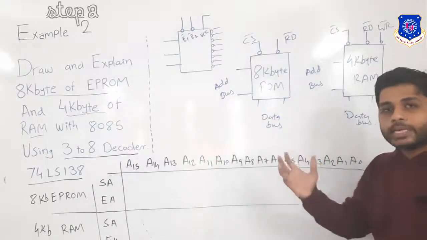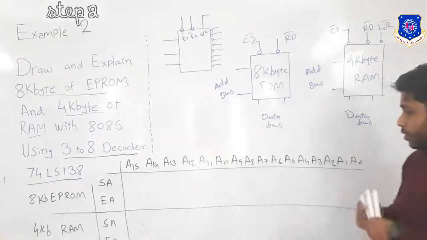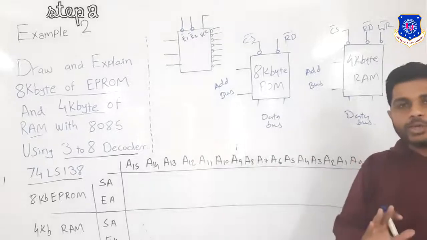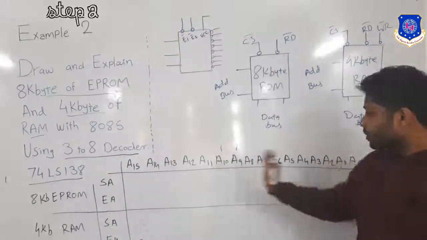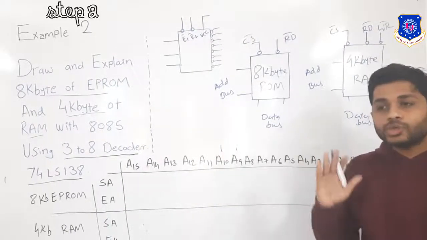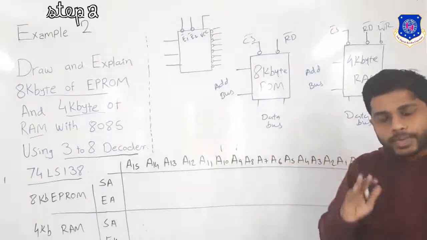So 2 raised to 10 means you can interface 1 kilobyte of RAM. If you provide A0 to A10, a total of 11, 2 raised to 11 means you can interface 2 KB of RAM.